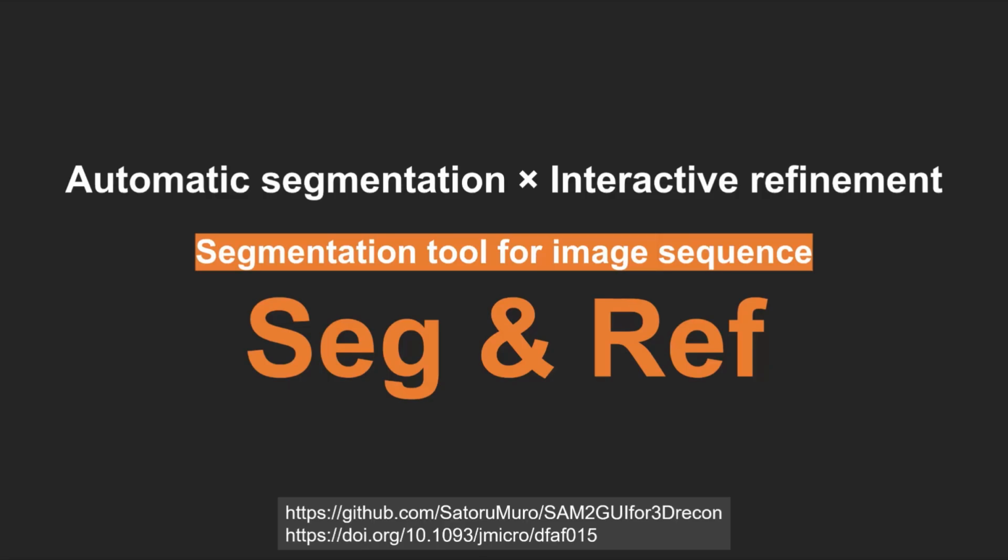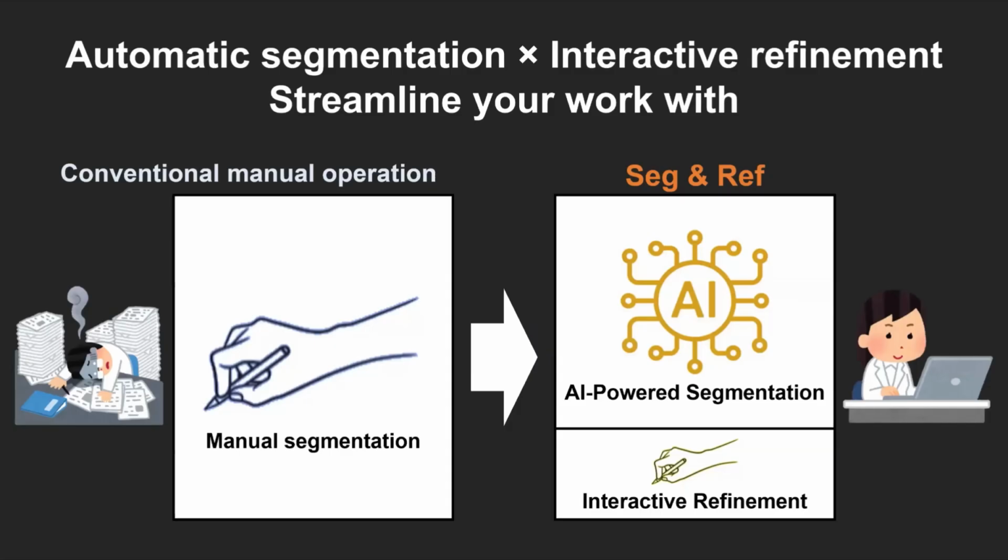So I would like to introduce the features of SegGraph, a segmentation tool for image sequence that combines automatic segmentation with interactive refinement functions. First of all, the concept of SegGraph is not that it is an AI tool that completely replaces conventional work, but that it is a tool that uses this AI to complement conventional manual work and make it more efficient.